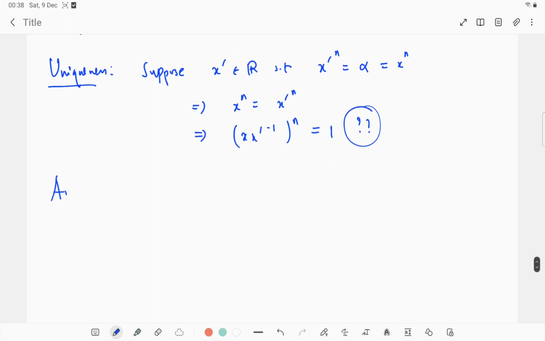Does this imply that x is equal to x prime?